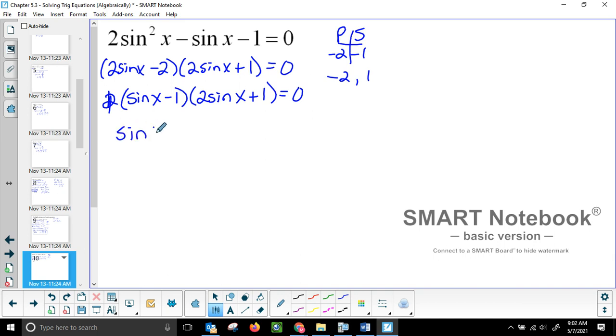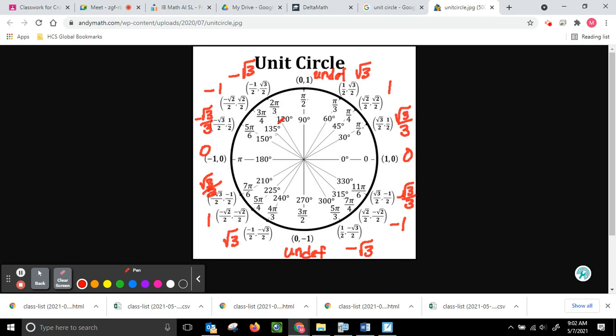Here we will get sine of x is equal to 1. And here we will get sine of x is equal to negative 1/2. So if we look at our unit circle, sine of x is equal to 1 here at pi over 2, and sine of x is equal to negative 1/2 here at 7 pi over 6, and here at 11 pi over 6.